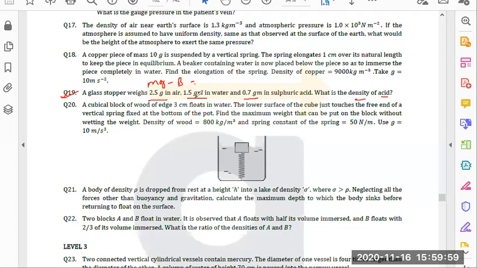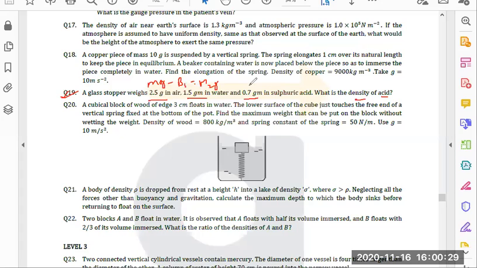Got it? And now again this. So now if you think about the buoyancy, right? It depends on the density of acid. Yes or no? So I can say that mg minus b1, buoyancy due to water, will give you m2g.